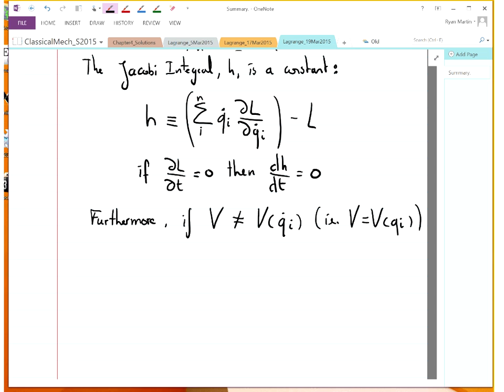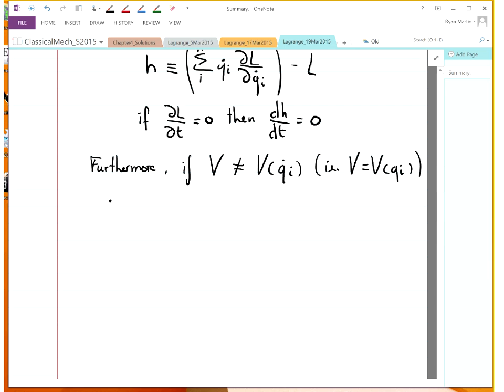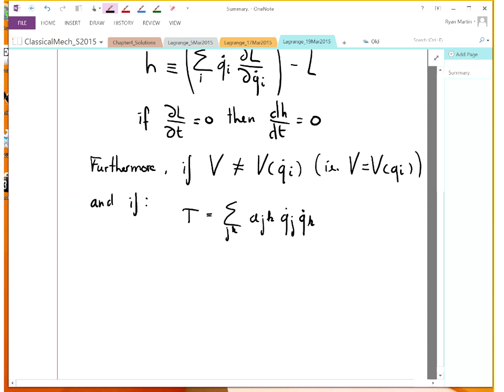So if that's true, and if the kinetic energy can be written as a sum over j and k of a_jk q_j dot q_k dot.